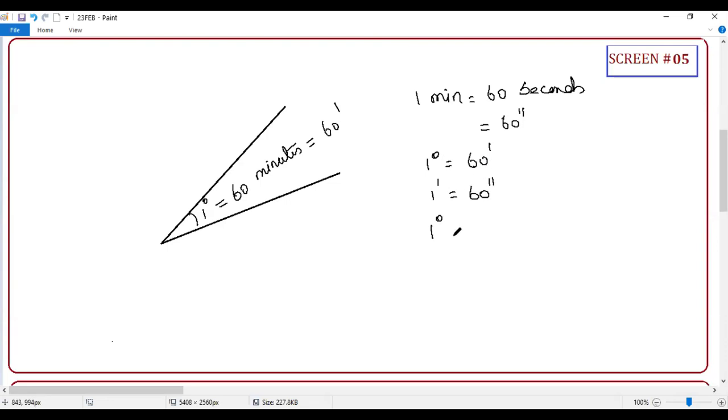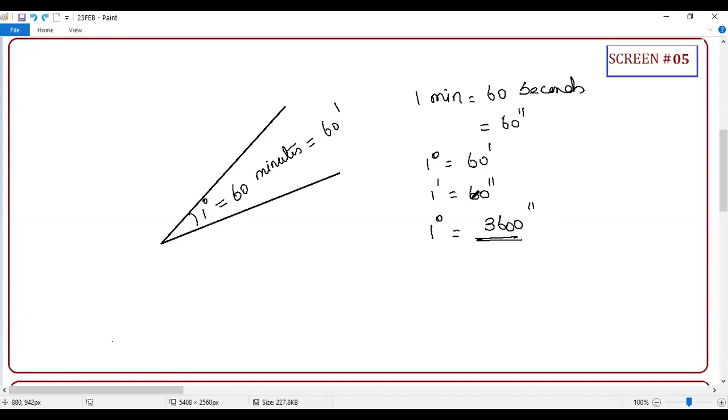Can you tell me 1 degree equals how many seconds? 3600. Finally, 1 degree is split into 3600 parts.